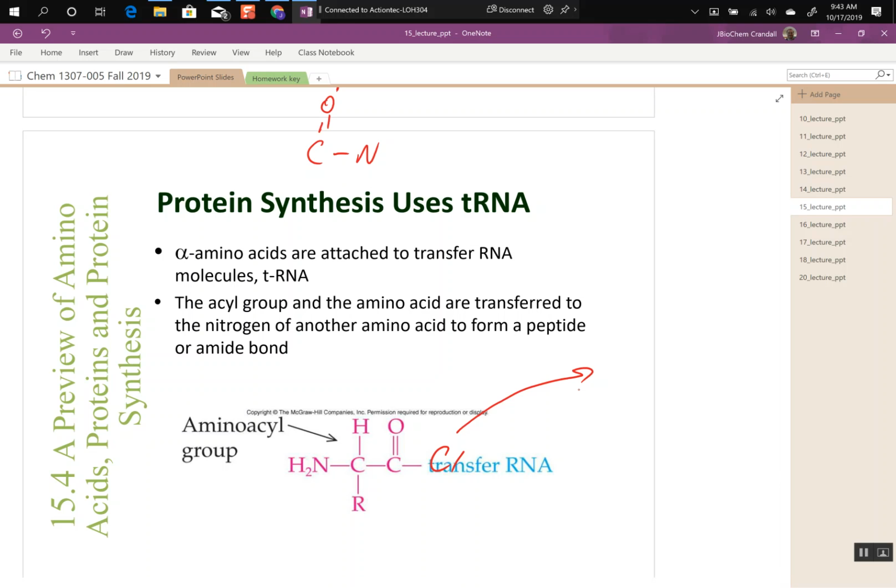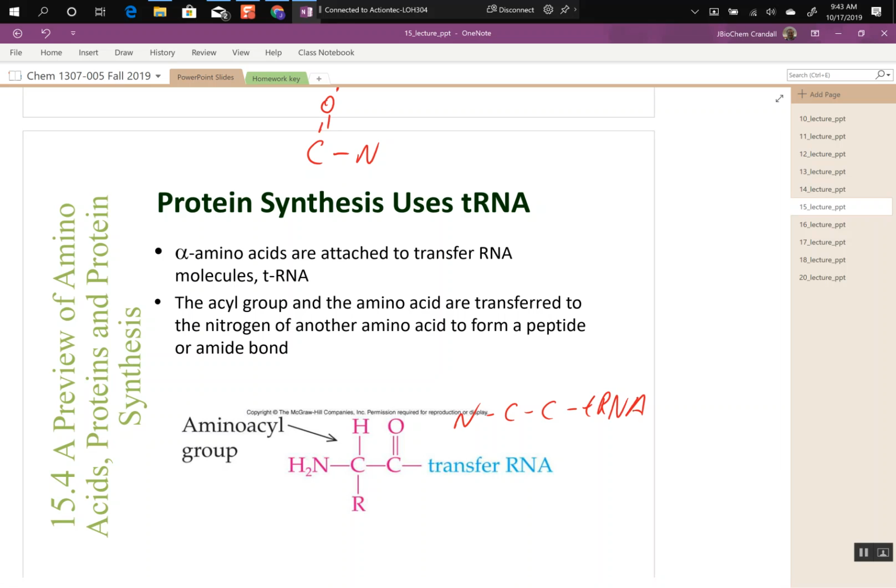They get released. So essentially, what's going to happen is I'm going to have another protein with an amino acid on it, on a tRNA come in here, and this amine is going to react here.